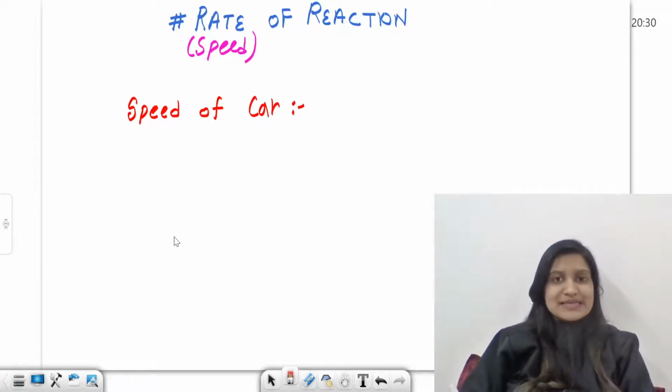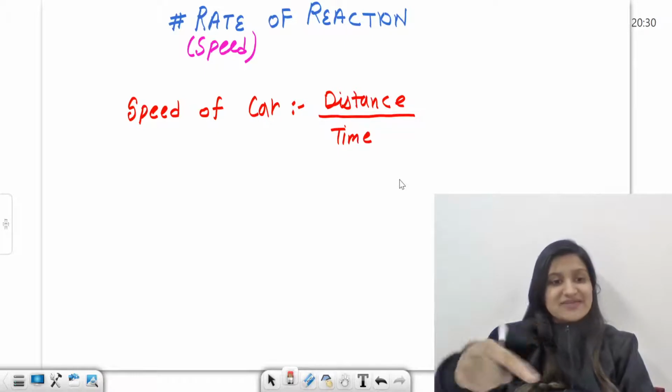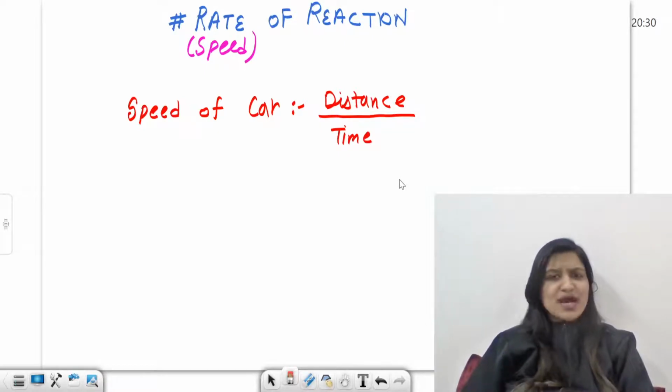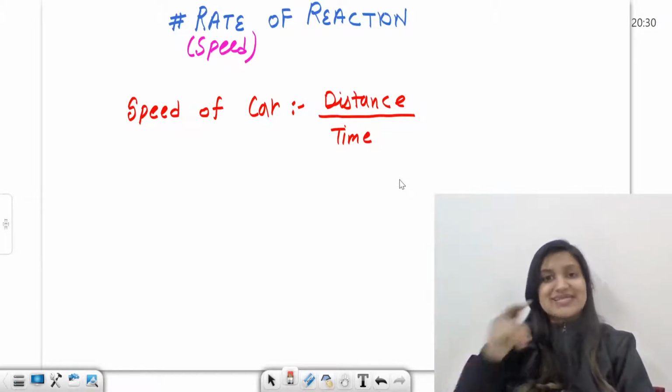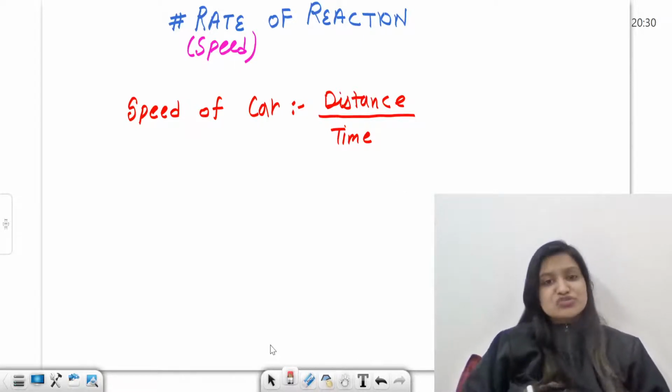You say, ma'am, the distance you travel over the time you took in order to travel that distance. That's how you can calculate the speed, right? No issues. That's what we have done till now.